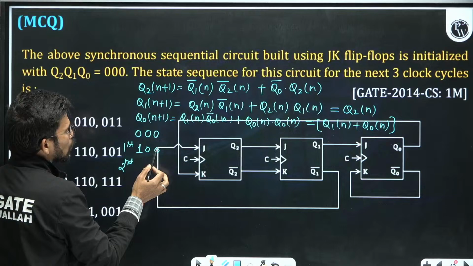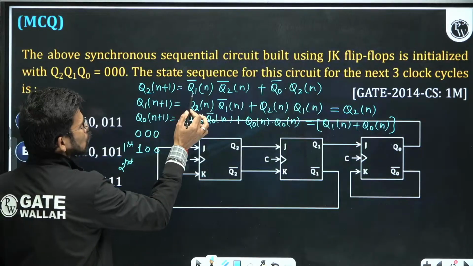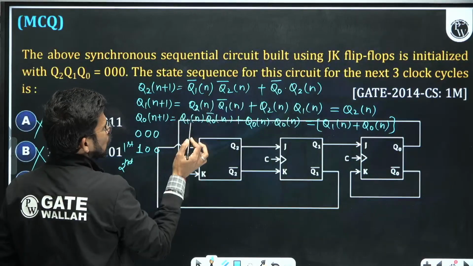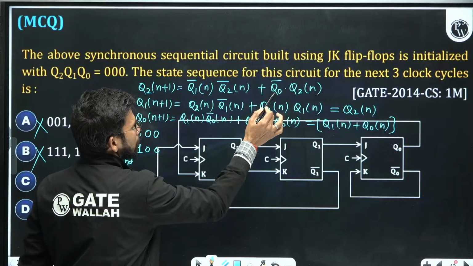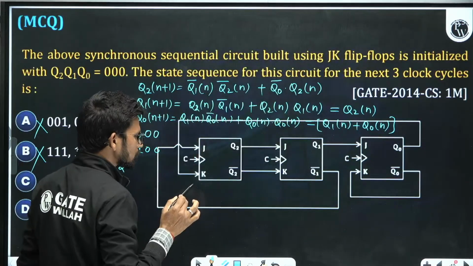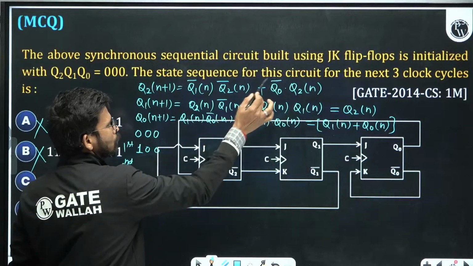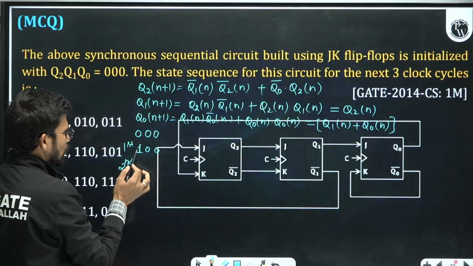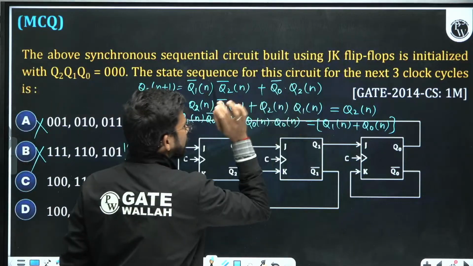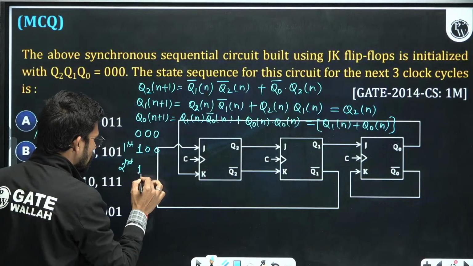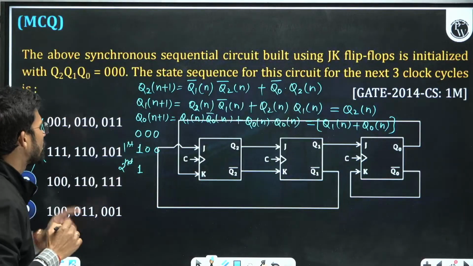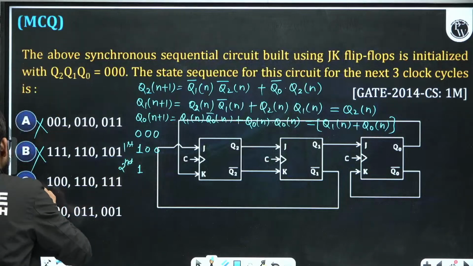Q1 is 0, Q2n is 1. 0 bar is 1, 1 bar is 0, so 1 into 0 gives 0. Q0 bar, 0 bar is 1, into Q2n, which is 1, so 1 into 1 is 1. So I get 0 plus 1, which is 1. So the next state of Q2 will be 1. I'll not be solving further, the answer is C.